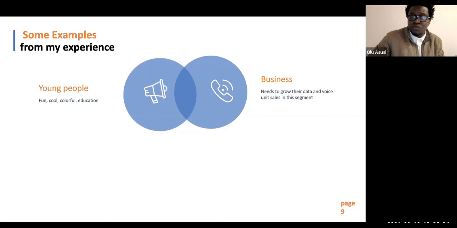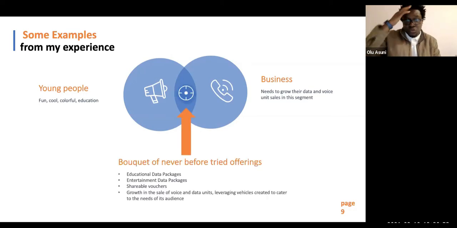And following the design thinking principle, they arrived at this sweet spot, which does not satisfy all of the business needs or all of the young people's needs, but created a sweet spot of interaction between the two key stakeholders.